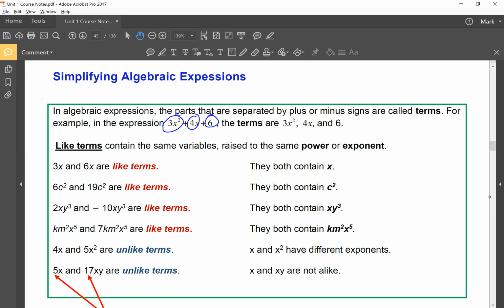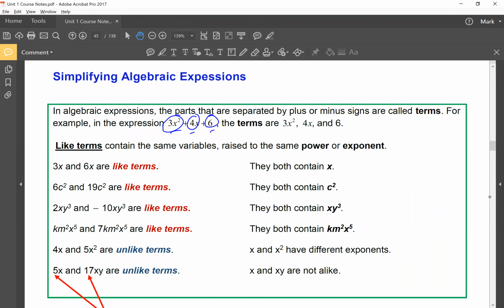It includes a coefficient and a variable. 6 is the third term, and there is only a number here. You'll notice I'm not saying coefficient. We call this a constant, but we'll talk about that another day. Maybe in a science course, you'll learn more about that. But I have three terms.